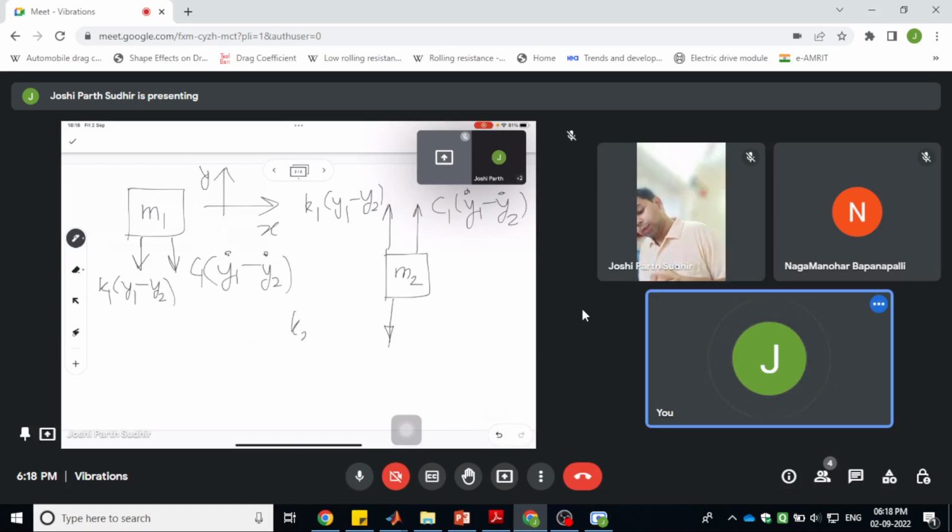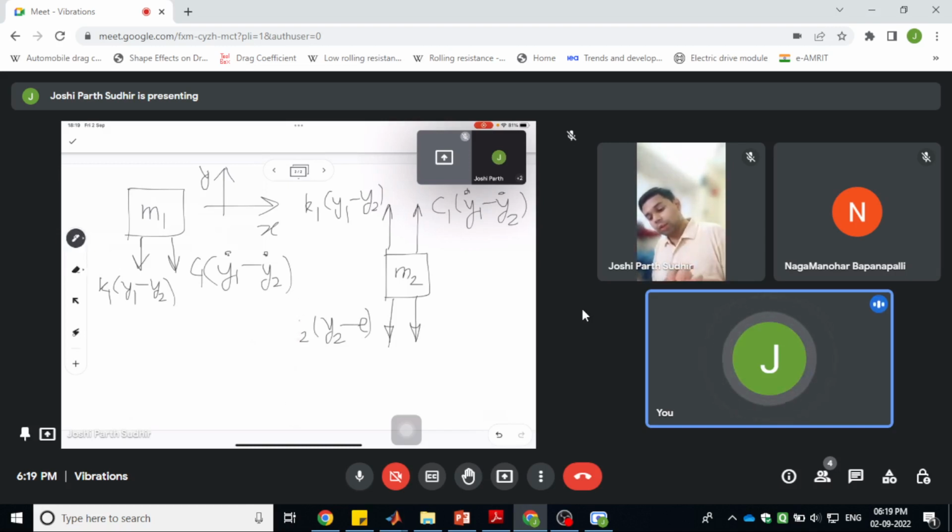So let us say it is proportional to k2 into the difference between the tires, which will be moving up and down. So the mass m2 will be moving up and down, and also the wheel is moving up and down. So there is a difference between y2 and e. That will cause the compression of the tire.